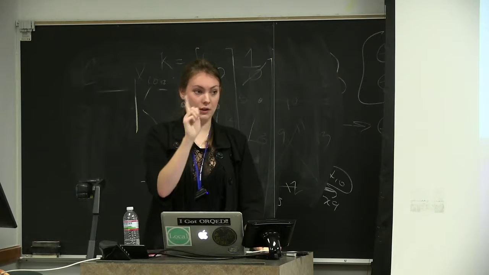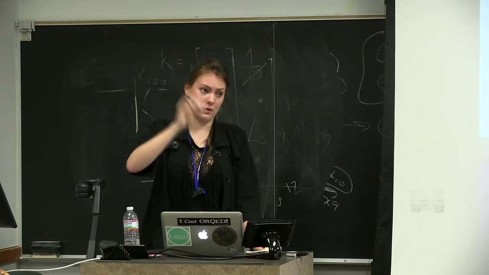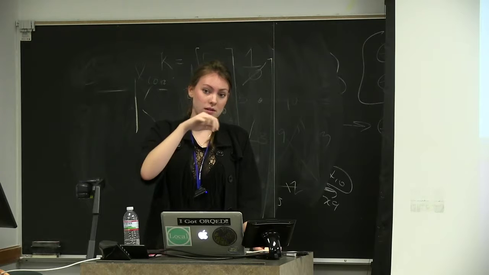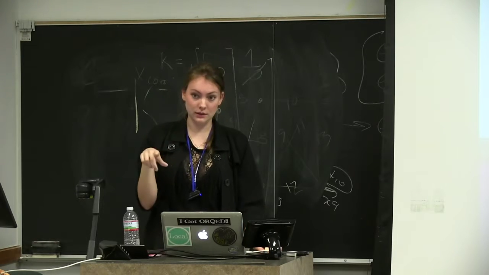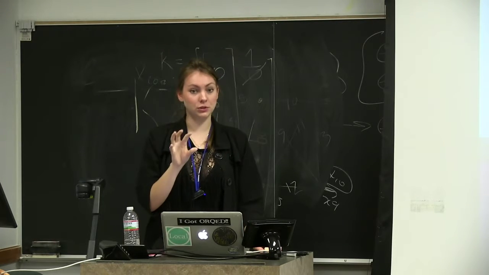Your degree of freedom x2 is with respect to vertical motion in the positive direction. Does that make sense? So your force would be negative W in the x2 slot.